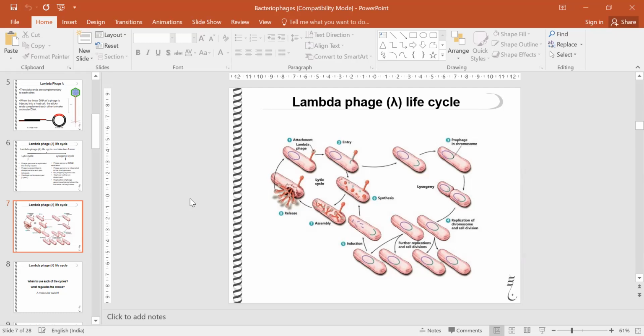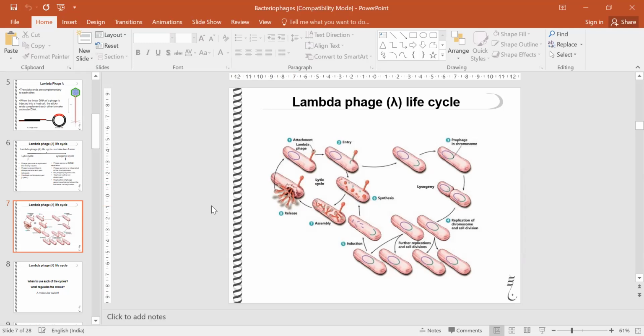In the lysogenic cycle, the first step is the attachment of the phage on the surface of the bacteria, and they release the DNA into the bacterial cell. This released DNA is going to integrate into the genome of the bacteria, and that is called the prophage in the chromosome.